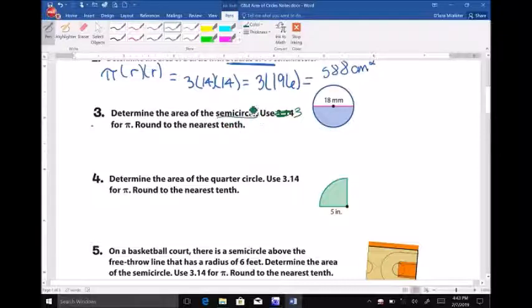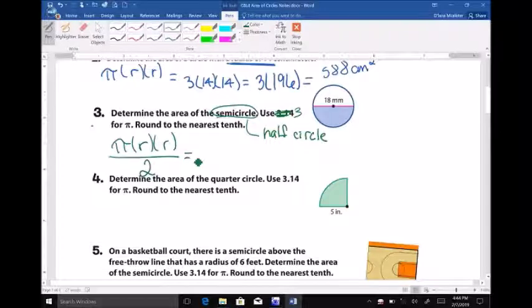And a semicircle is a half of a circle. So we're still going to use pi times radius, but we're going to divide it by 2 at the end so that we can get half the circle.